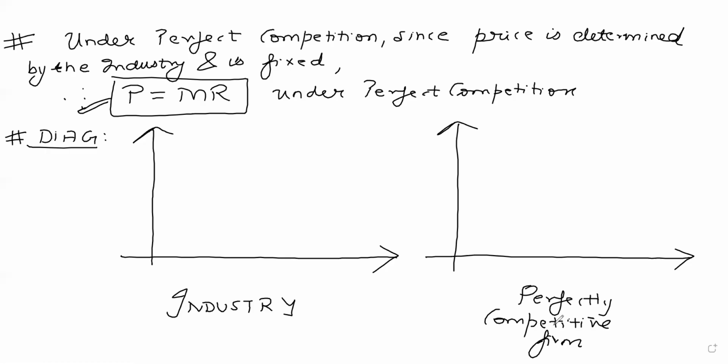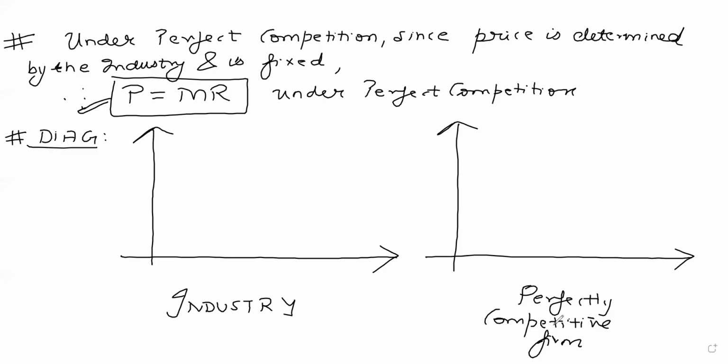Students should be able to distinguish between industry and firm. Industry and firm are two different things. An industry consists of a lot of firms. So when we talk about the automobile industry, it's an industry. Within that, we have Toyota, we have Honda, we have Maruti, we have Audi, we have Mercedes, and so on. A lot of brands we have.